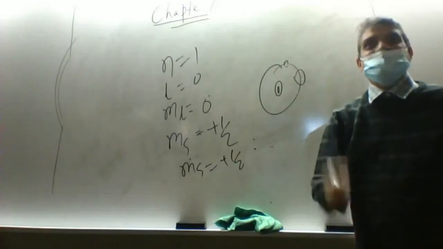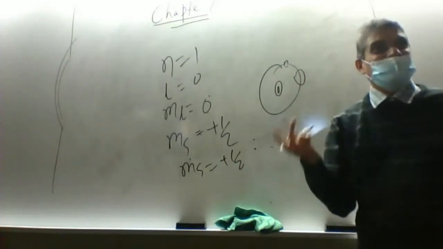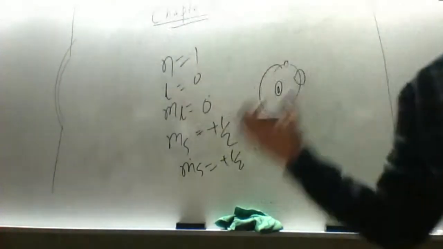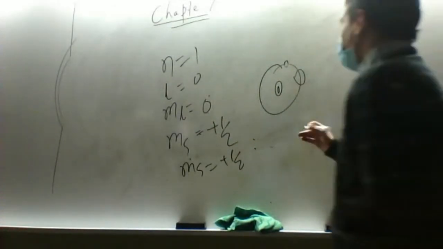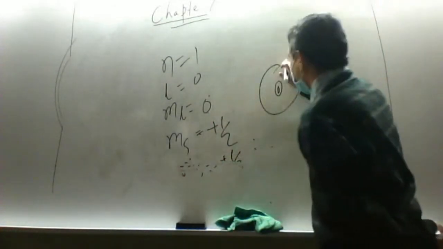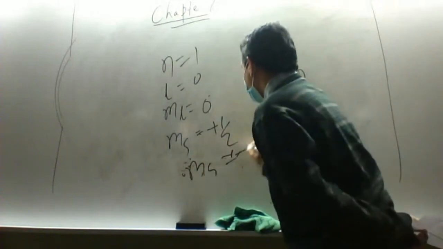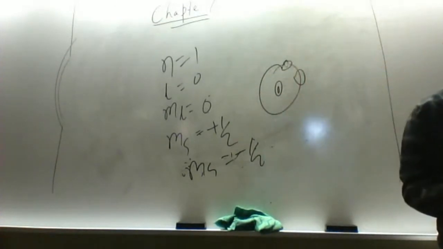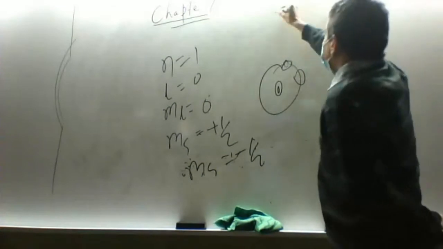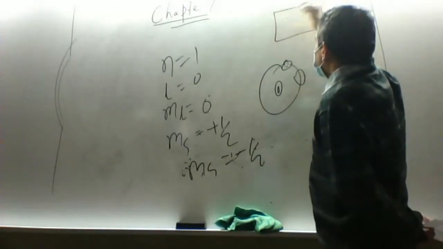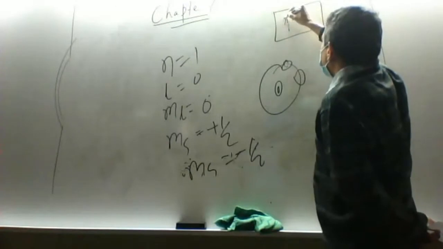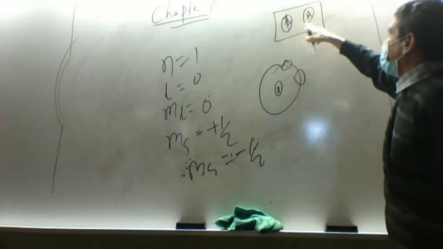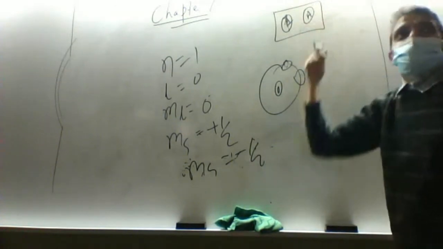That cannot be possible. Can 2 electrons be the same electron? One electron may be named A, another electron may be named B, right? So 2 electrons cannot have the exact same address or identity. If you give +½ to this one, you give -½ to the other one. Suppose 2 things are sitting in the same seat, exactly identical, and this is A and this is also A. If you give the name A to both in the same seat, you are not differentiating the 2 people.